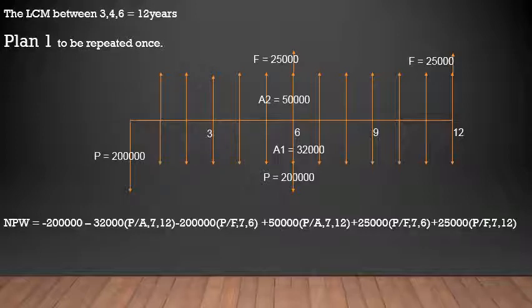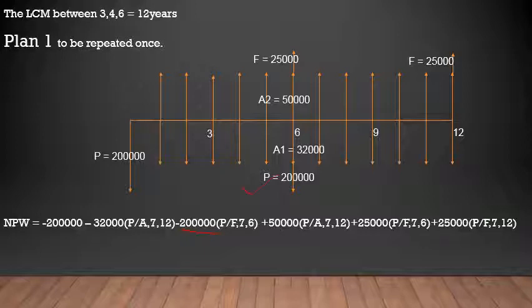Then this 2 lakh, that is the second repeated investment. Its P should be calculated using the factor P by F comma 7 comma 6.